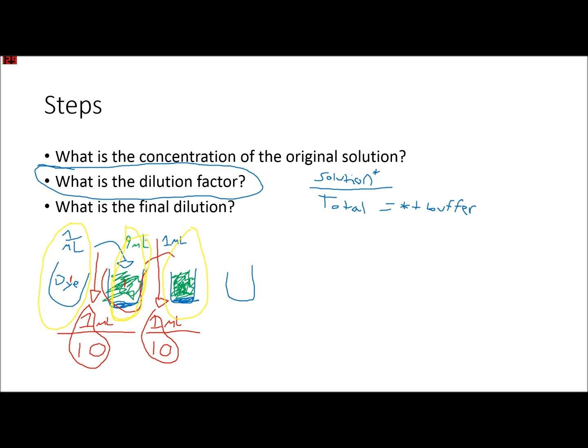But what's important to realize is that this is 1/100th of our original. And we get that by multiplying these two right here. So we multiply these, and this ending solution is now 1/100th, or a 100-fold dilution of our original.